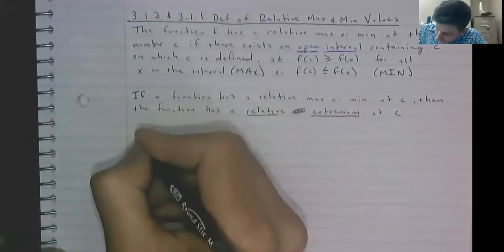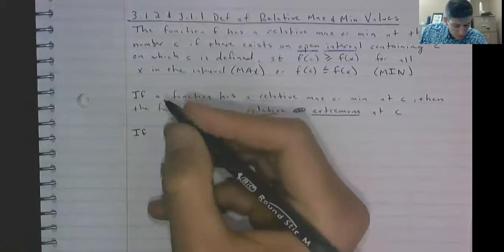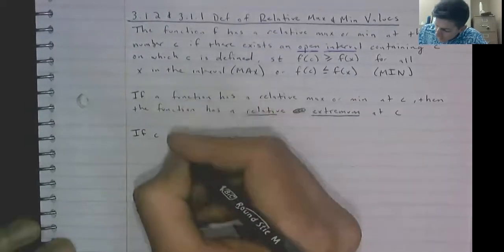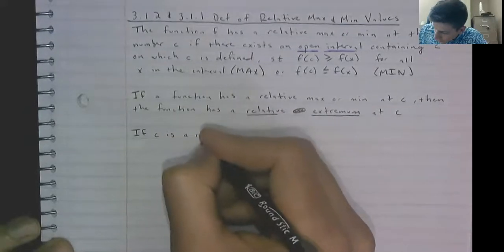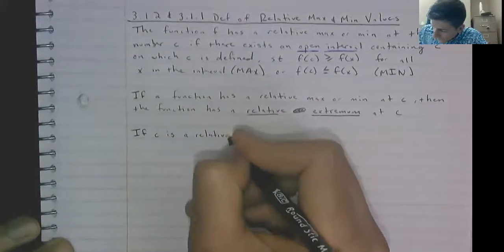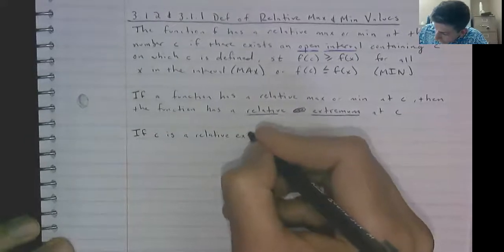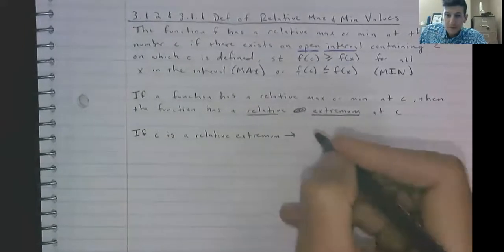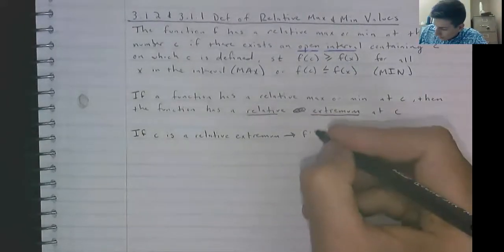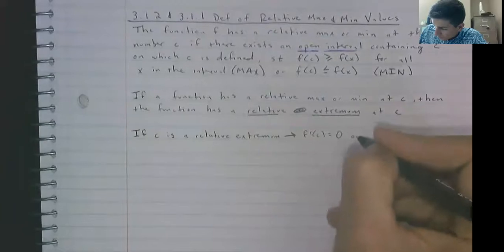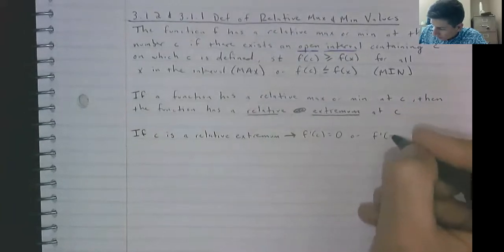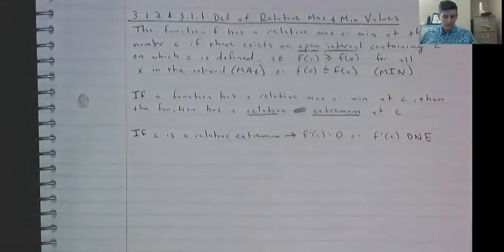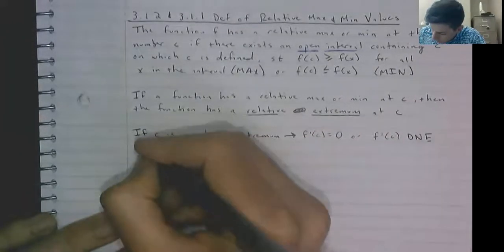Anyway, if c is a relative extremum, then f prime of c is 0, or f prime of c does not exist. However, it does not work the other way around.